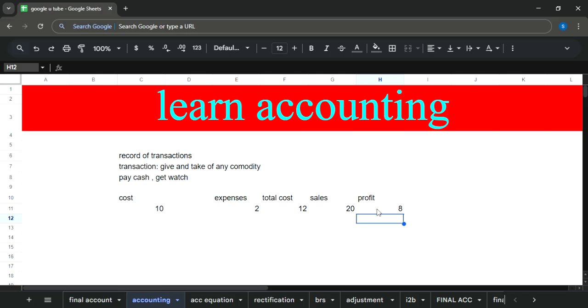I'm sure that you people have understood our target. In this session, we will have different transactions, we will learn how to record, and the final target is to see how much profit this business is earning, or maybe how much loss this business is earning.